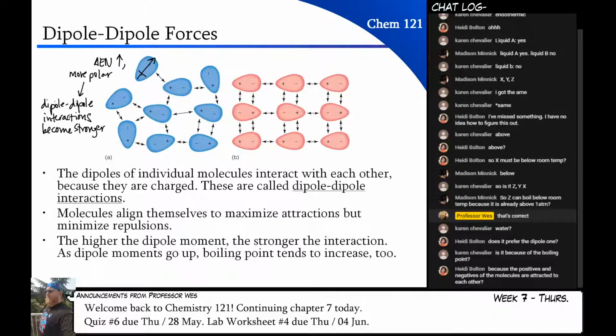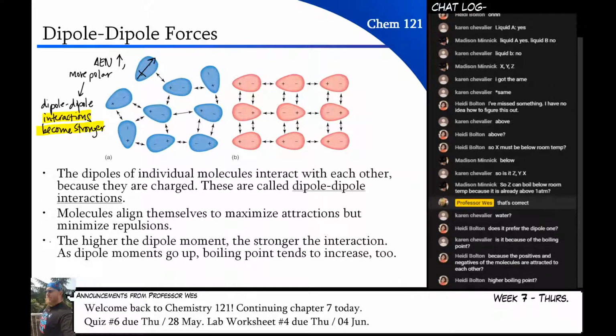And if the interactions become stronger, what will happen to the boiling point? If this happens, then my molecules hold together even more tightly, and the boiling point will go up. Very good.